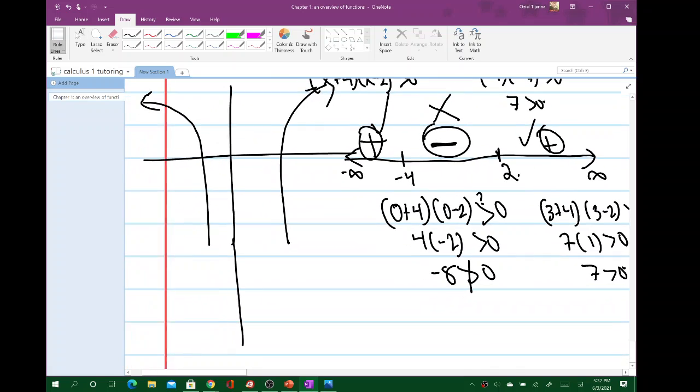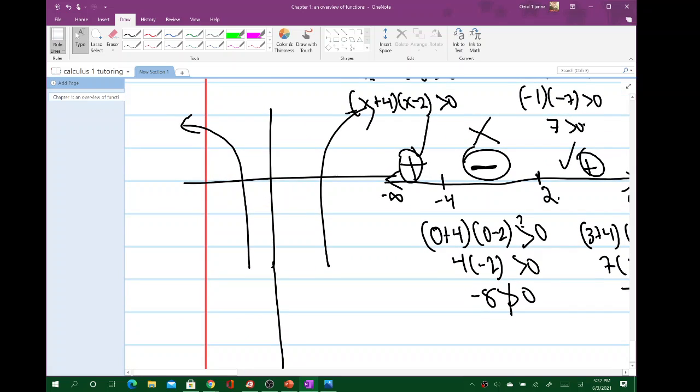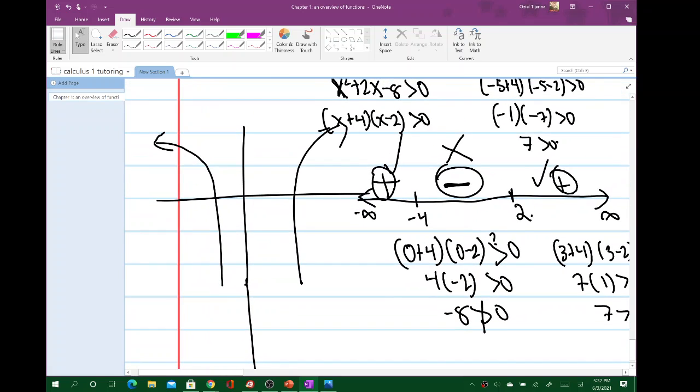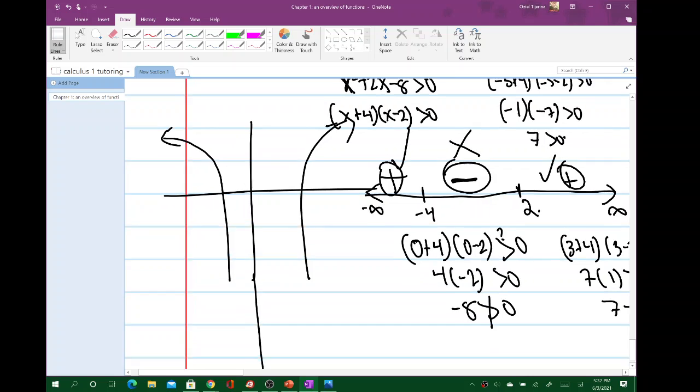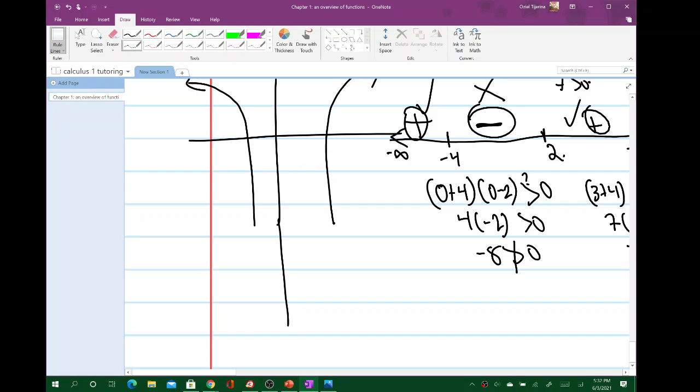So basically, it is undefined between, I believe, negative 4 and 2. So it's undefined between negative 4 and 2, right?